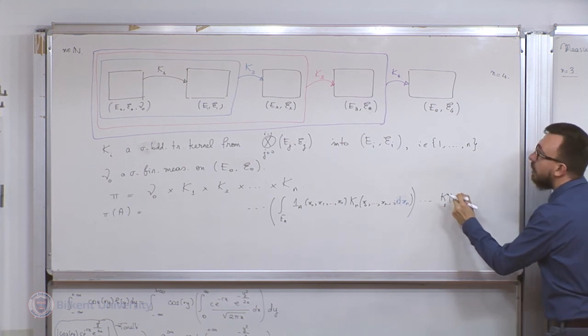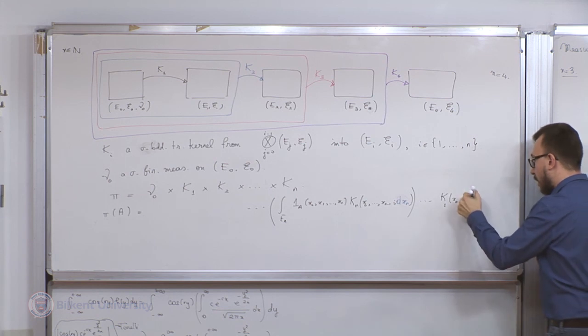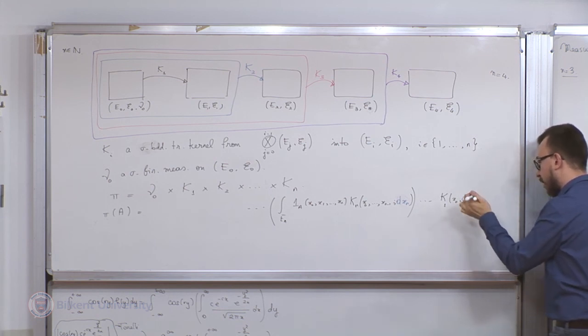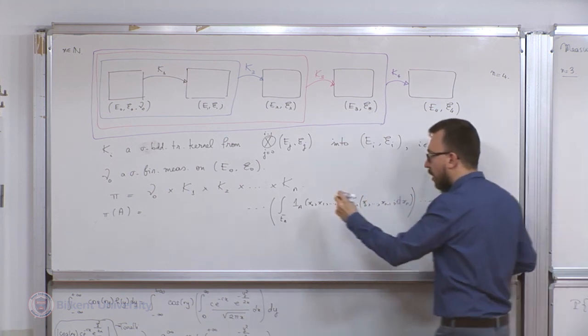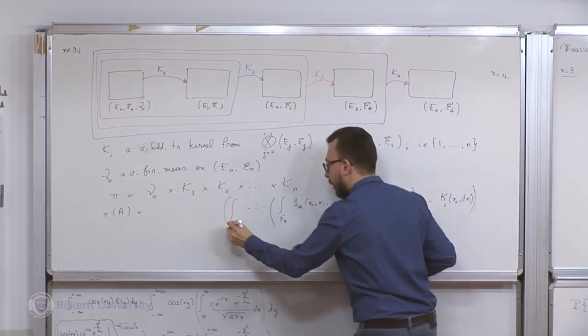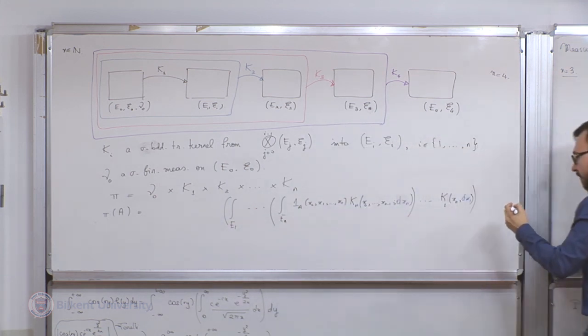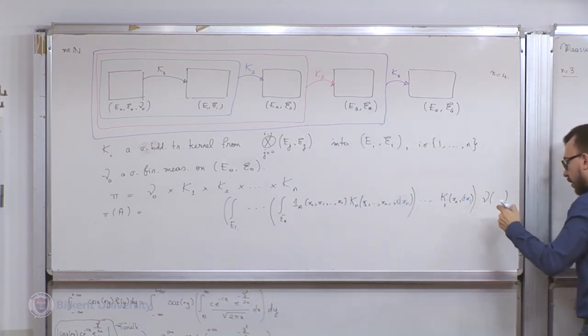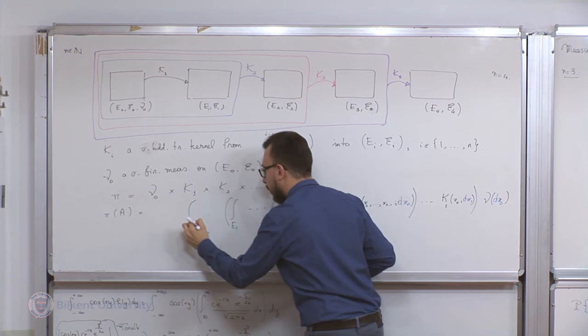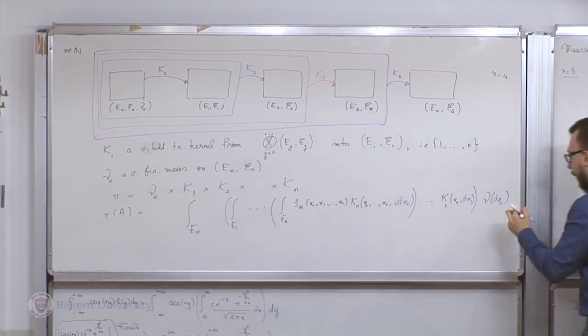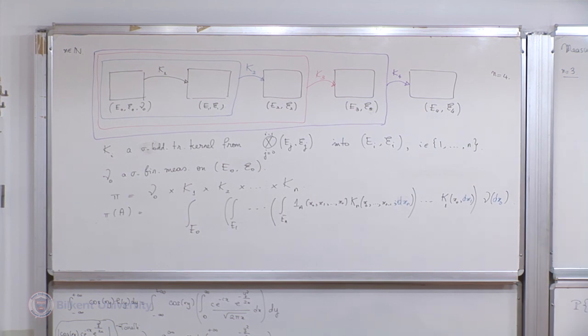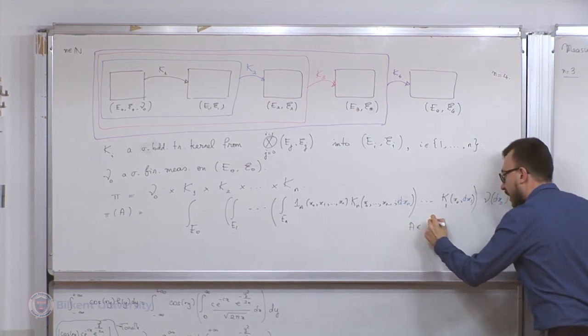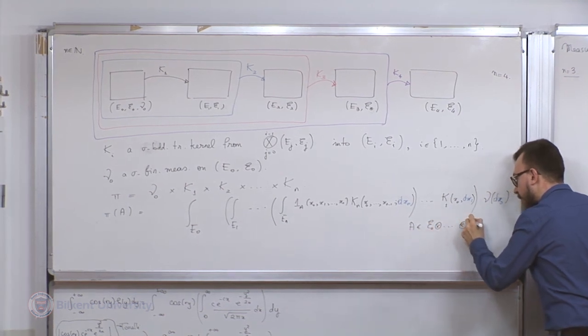So K1, which is from x0 to x1. This is going to be an integral over the space 1. And finally, there is going to be nu dx0 over the space 0. It's a little bit hard to write it down, but it's a very general construction. So A is in E0 product up to En.